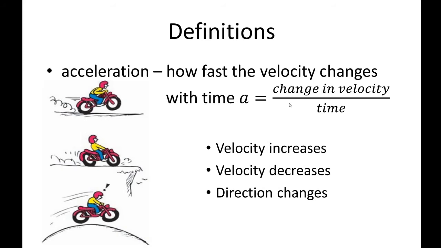Now that depends on the direction of the velocity. Do you follow? So if it is slowing down, the value of your acceleration is negative. Or if velocity decreases, your acceleration has a negative value. If velocity increases, it has a positive value.